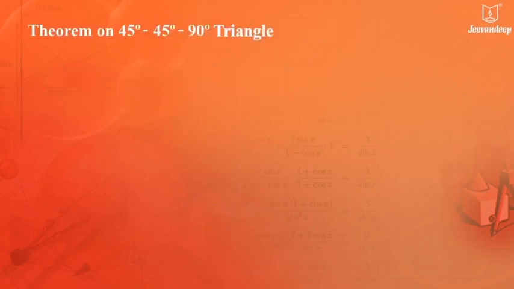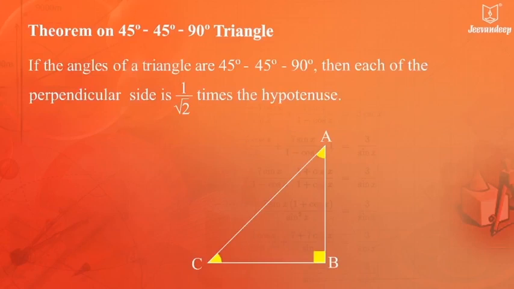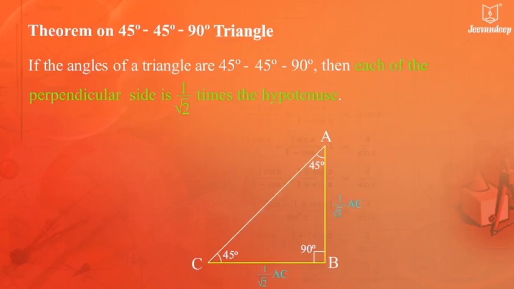Theorem on 45, 45, 90 triangle. If the angles of a triangle are 45 degrees, 45 degrees, 90 degrees, then each of the perpendicular sides is 1 upon root 2 times the hypotenuse.